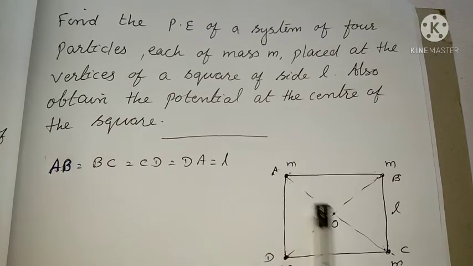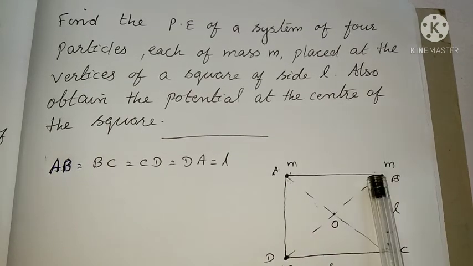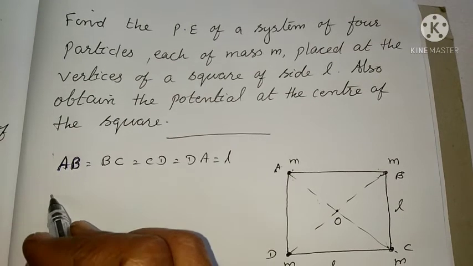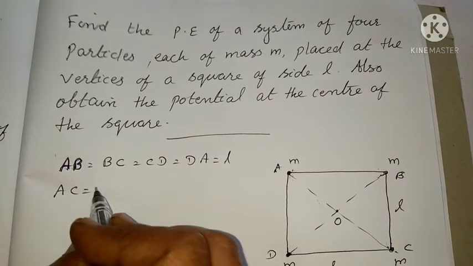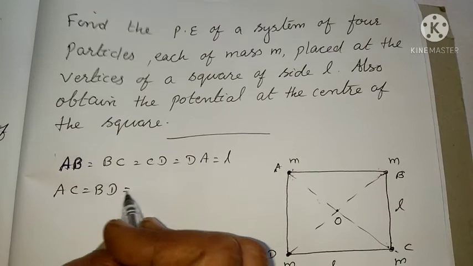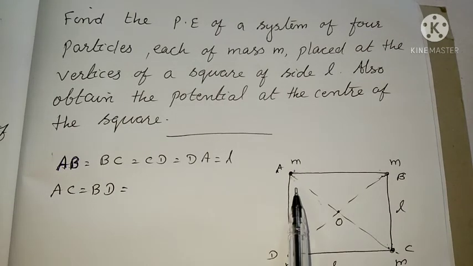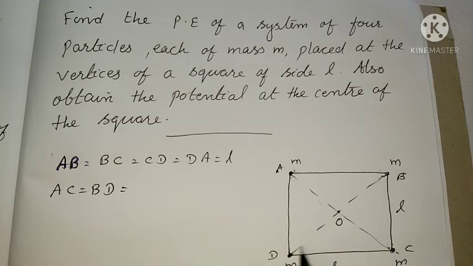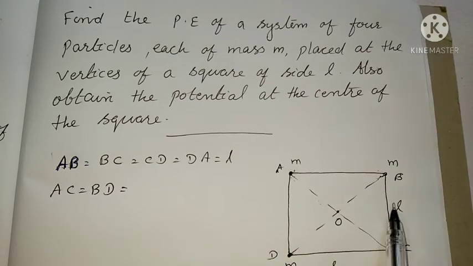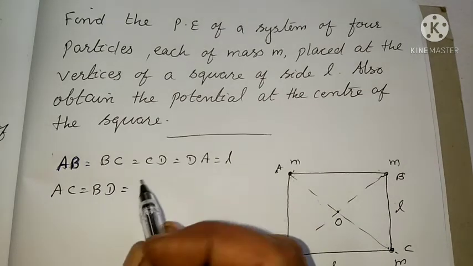Then what are AC and BD from the figure? We can write AC is equal to BD. Then according to the Pythagoras theorem, AC equal to BD, that is root of L square plus L square in both the cases.